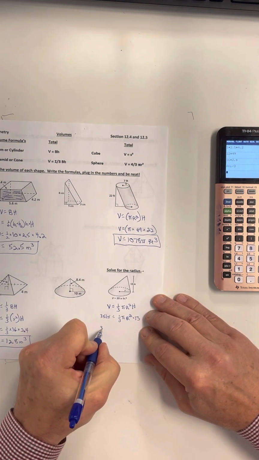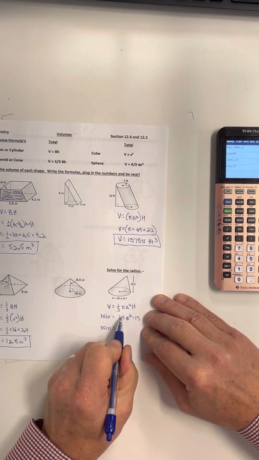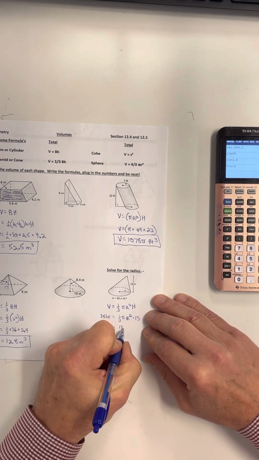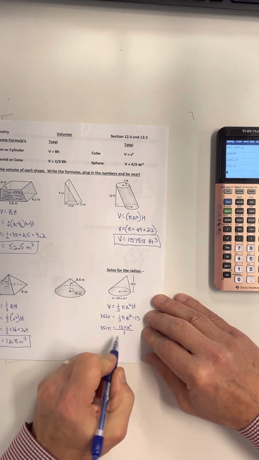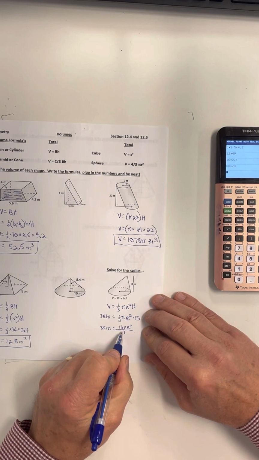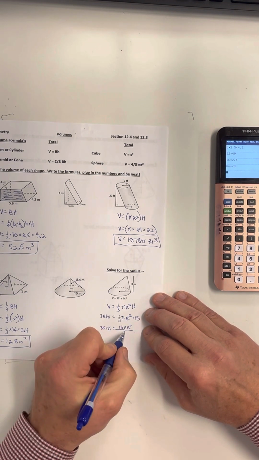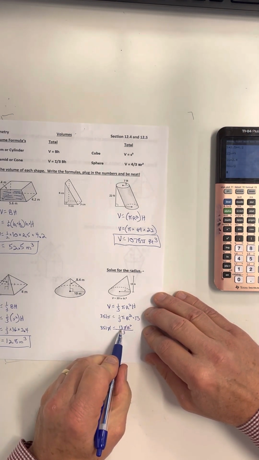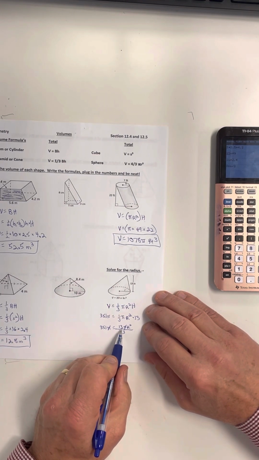Now I'm going to rewrite it. 351 pi equals, on top it'd be 13 pi r squared, on the bottom, there's a 3. Now to get rid of this, if I divide by pi, the pi's would cancel. Now I have to multiply by the reciprocal of 13/3.